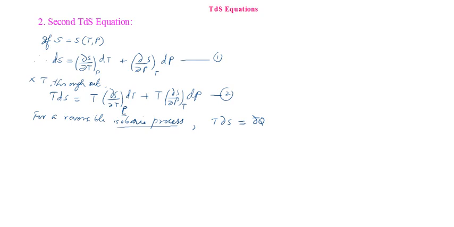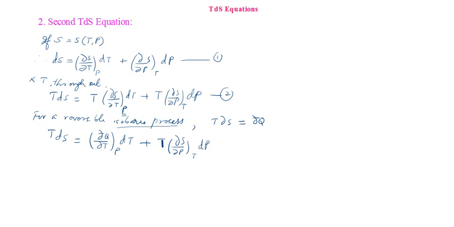So what will equation number 2 become? Therefore TdS is equal to, you can skip many of these steps, but I'm doing it for clarity, ∂̄Q over ∂T at constant pressure times dT, plus T times ∂S/∂P at T times dP.